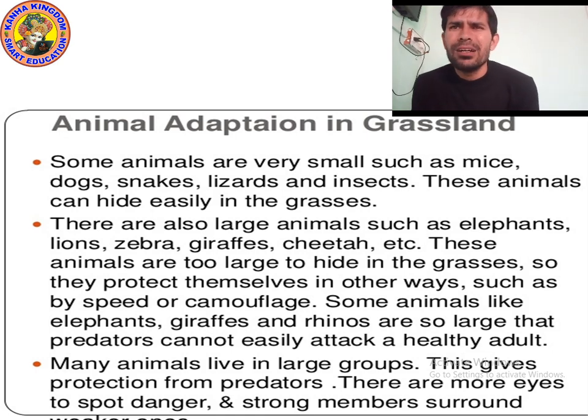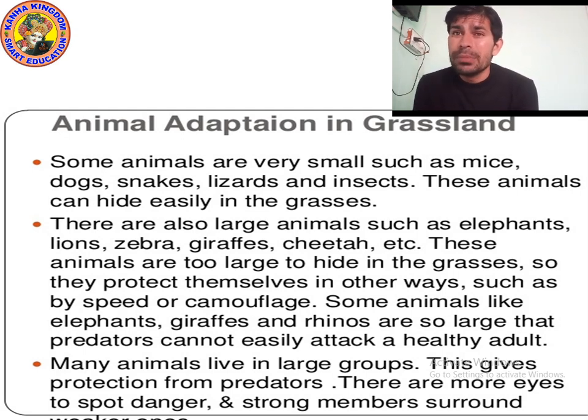There are also large animals such as elephants, lions, zebra, giraffe, cheetah, etc. These animals are too large to hide in the grass, so they protect themselves in other ways, such as speed or camouflage.